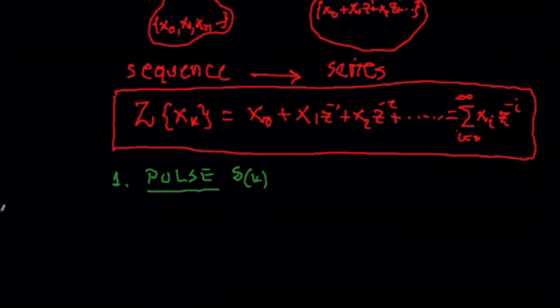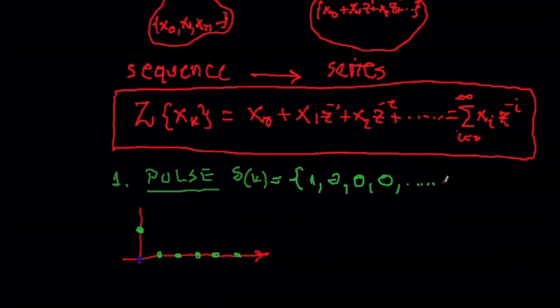Here is the sequence generated by this pulse function: 1, 0, 0, 0, and so on.